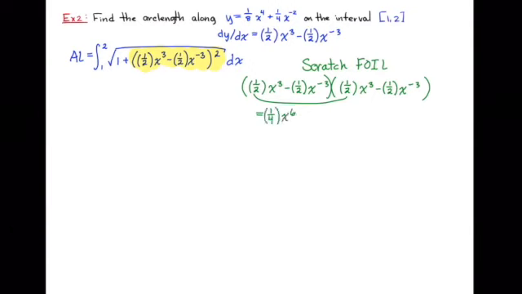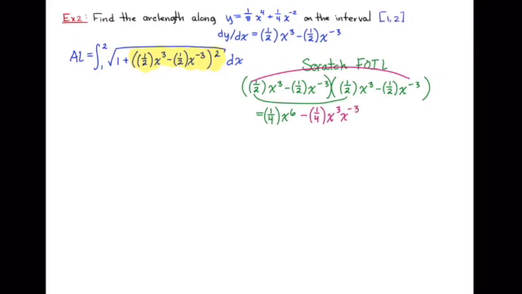The outer terms give us -1/2 times 1/2, which is -1/4, x cubed times x to the -3.